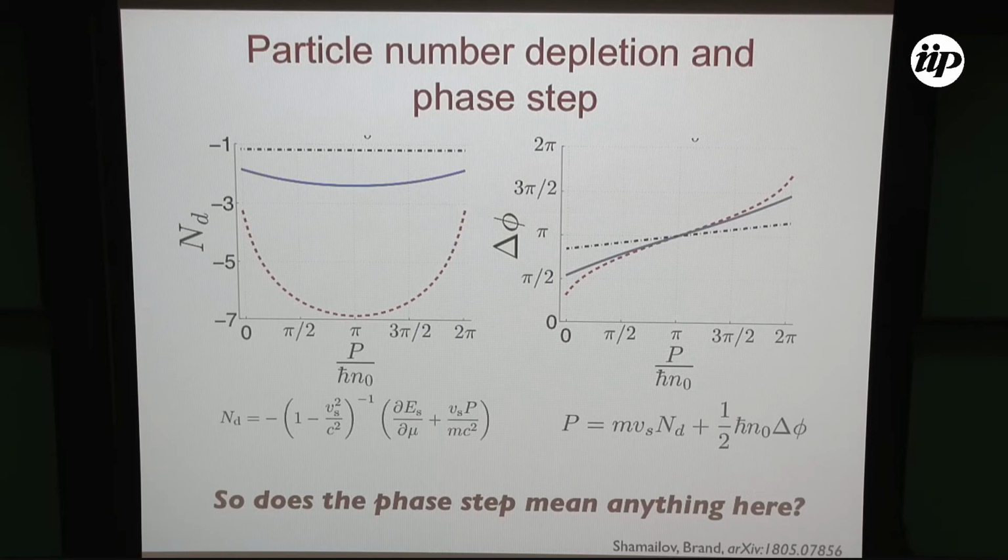Now, we can also obtain ND from the dispersion relation of the Lieb-Liniger model, and it agrees with what we see in these numerical experiments.